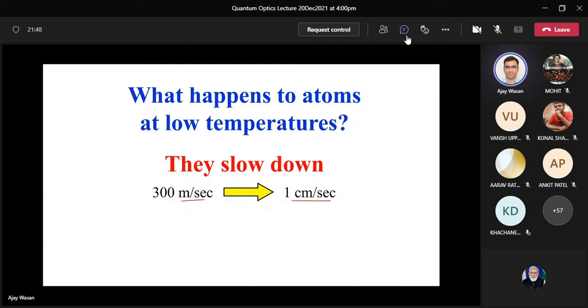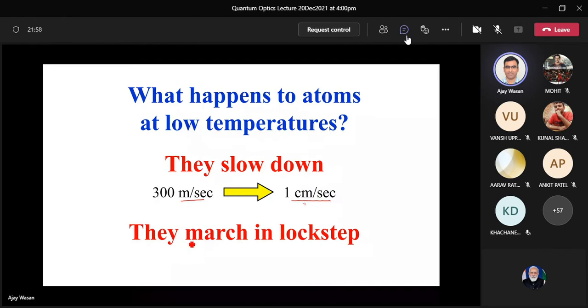That much the temperature reduces, and we can even go lower than this. Once this happens, all the atoms behave in the same way. That's why I have written here: they march in lockstep. All the atoms behave in the same way.